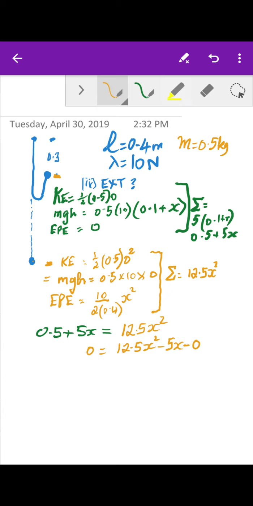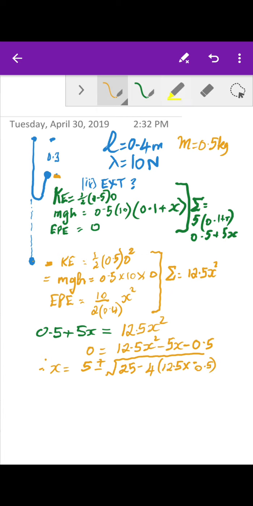Therefore x will equal negative b, so 5, plus and minus the square root of b squared, which is 5 squared, minus 4 times a, that's 12.5, times c, negative 0.5.